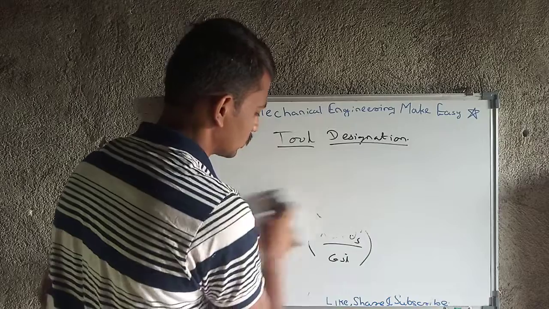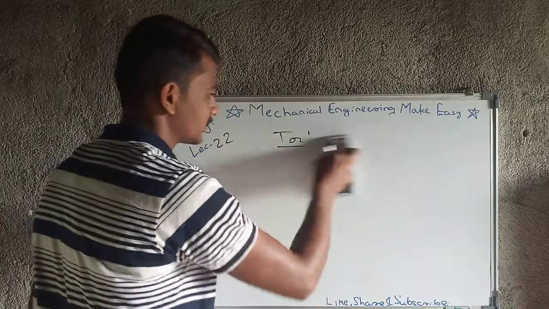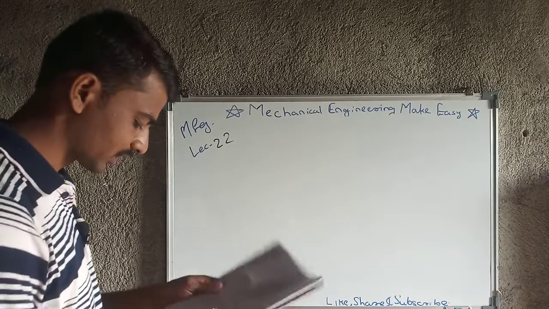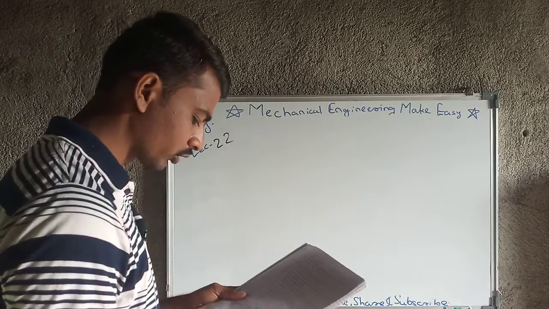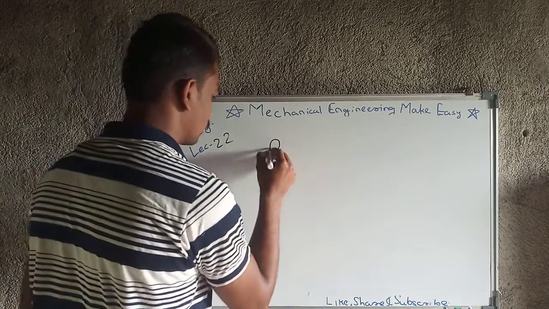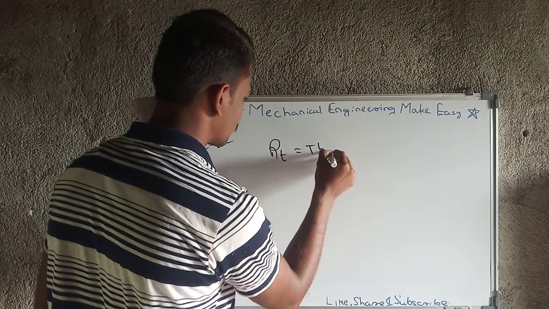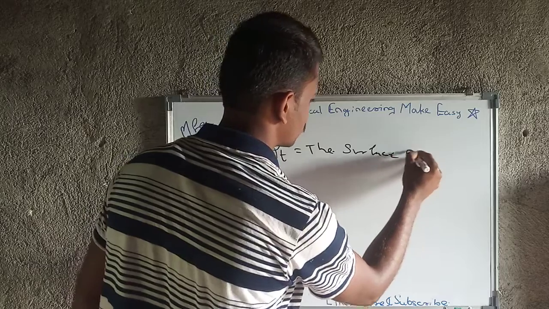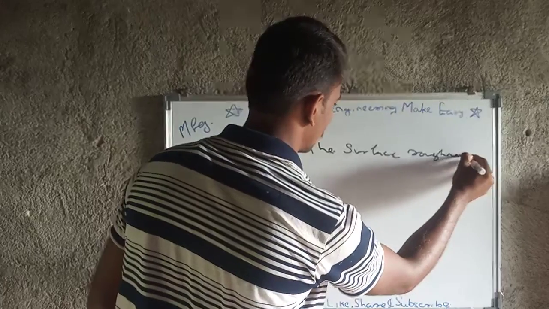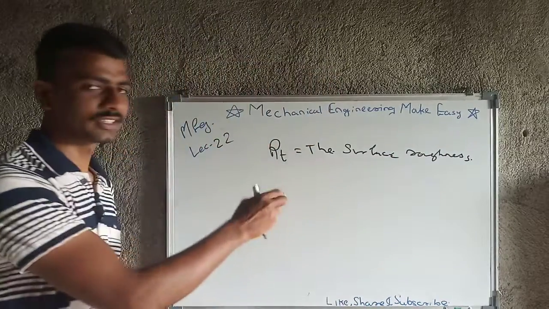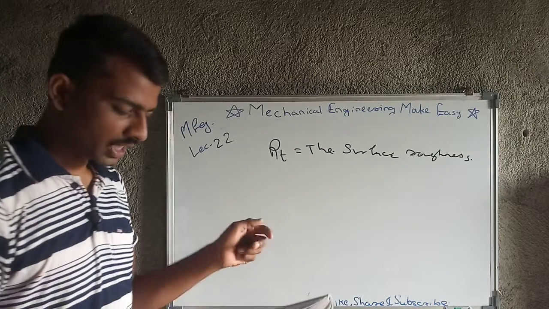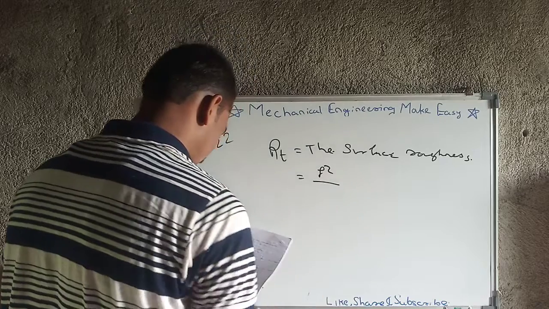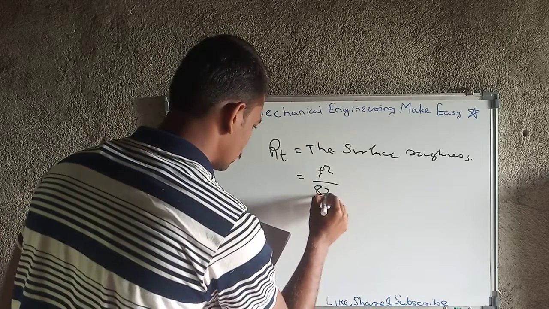So I have covered all three tool designation systems, that is ASA, ORS and the normal rake system. Now we will move towards another parameter, that is theoretical surface roughness. RT is nothing but theoretical surface roughness, which is equal to F square upon 8R.